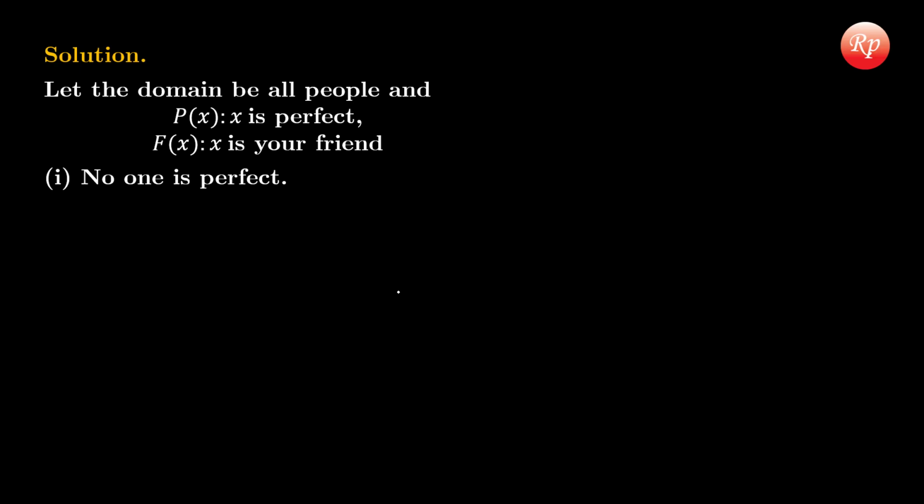Then the first statement is no one is perfect. When we say no one is perfect, that means there is no person in this domain who is perfect. So we write like this: for all x in the domain, negation Px. Negation Px means not perfect. So for all x, negation Px is the proper way of writing no one is perfect.